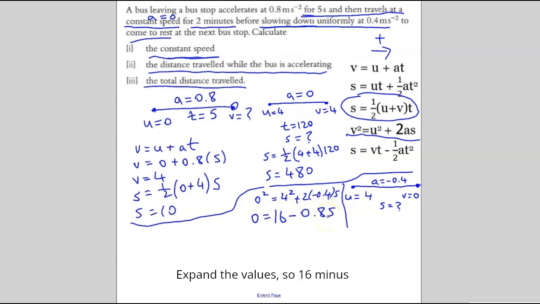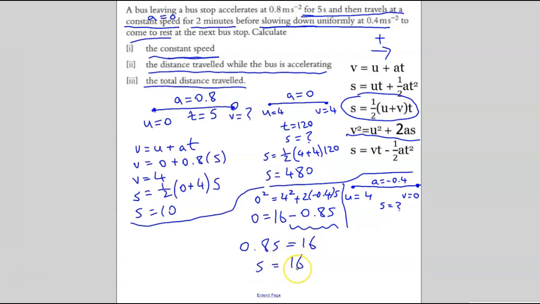Right, expand the values, so 16 minus 0.8s. Now I'm going to move minus 0.8s to the other side, so it becomes positive 0.8s equals 16. So that gives you 20.